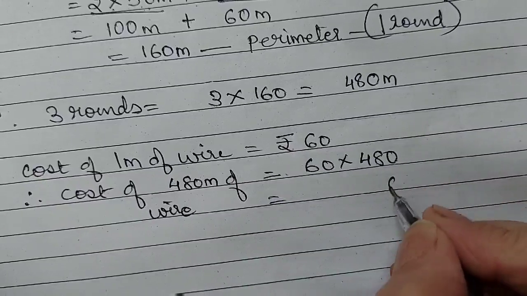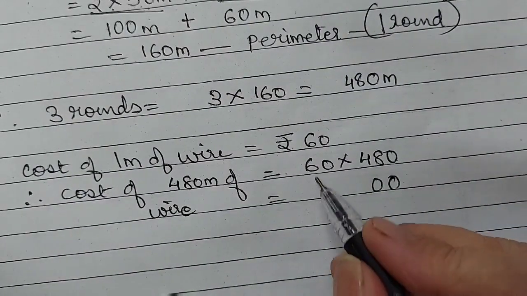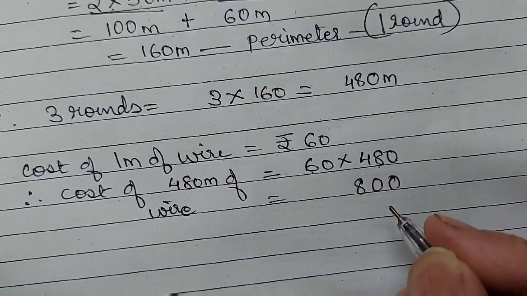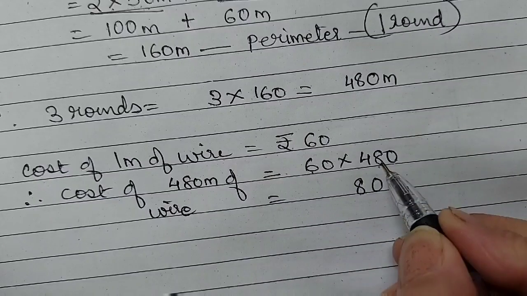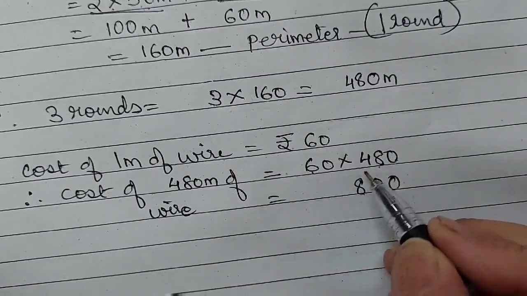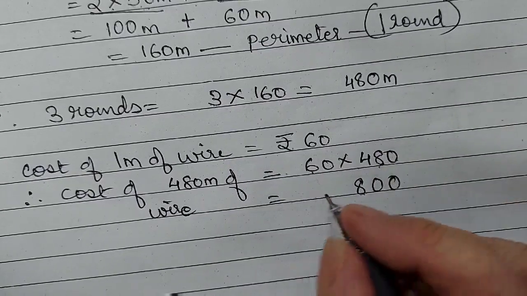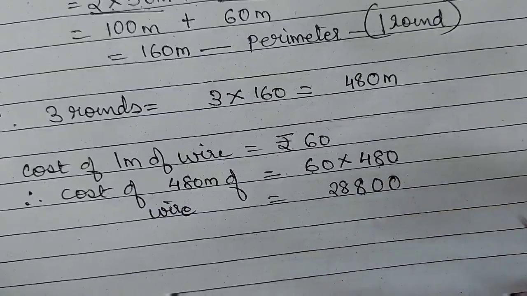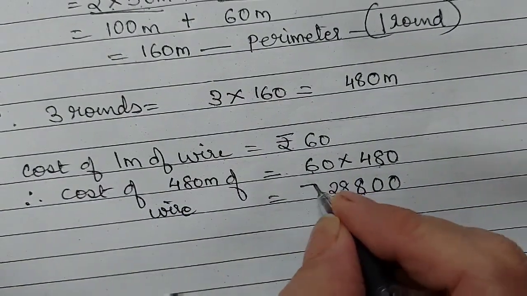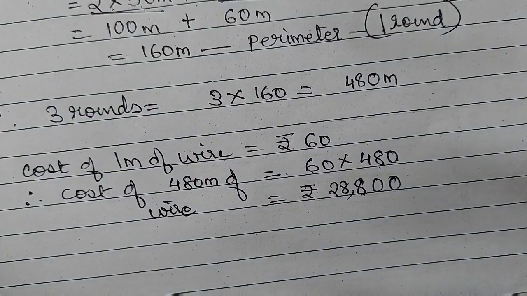This 0 written here, this 0 written here. Okay. Now 6 8s are 48. 4 in your mind. So we wrote 8 down, 4 in your mind. Now 6 4s are 24 and 4 is 28. So this is what? 28800. Now this is what? Rupees. And put here comma.